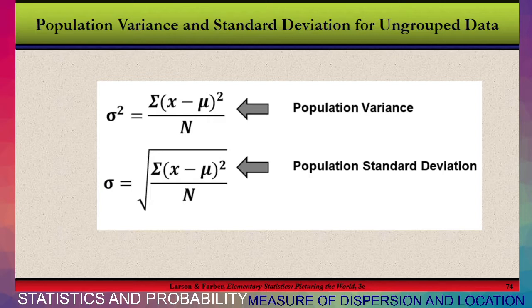So, in computing the population variance and standard deviation for ungrouped data, meron tayong formula. Mapapansin nyo, meron tayong parang O, but it is lowercase letter sigma. Okay? So, sigma square or lowercase sigma square is equals to summation of x minus mu squared over N. Ito naman is population variance for ungrouped data.